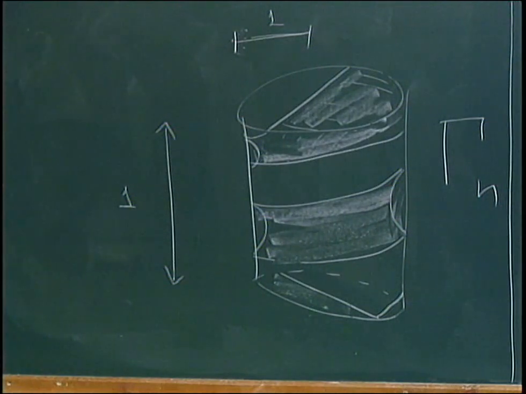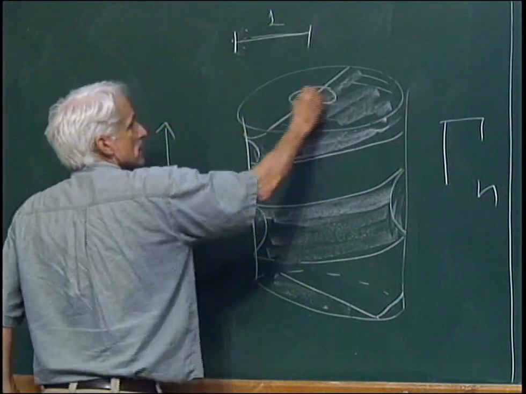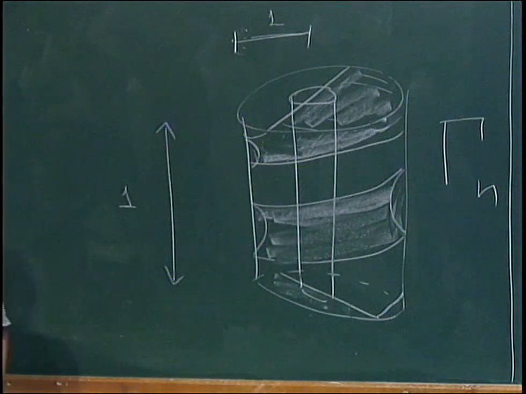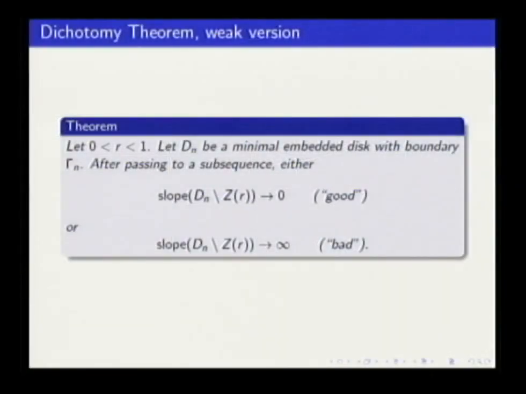And then after I pass to a subsequence, one of two things can happen. One thing is that outside of this smaller cylinder, the slopes are going to 0, just like they do for the helicoid. That's one possibility. In this talk, I'm thinking of the helicoid as good, so that's good behavior. It's behaving like a helicoid.